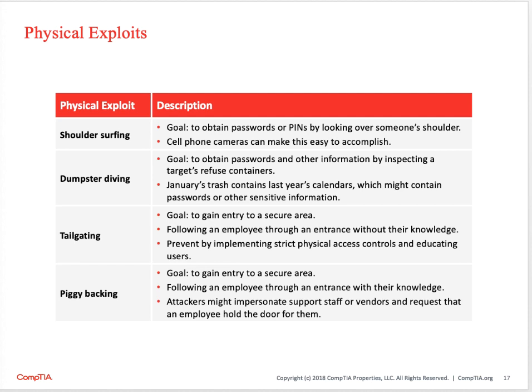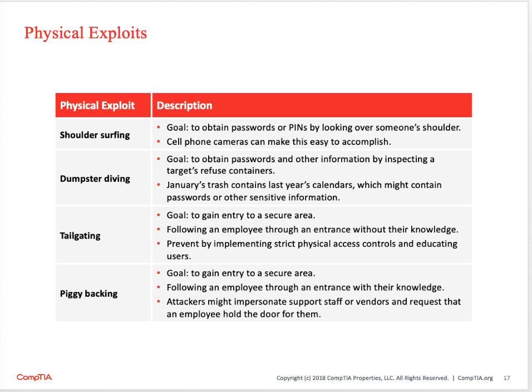So next up we have physical exploits, right? These physical exploits are a type of social engineering that allow attackers to gain access to restricted areas or information. Common ones are explained in this table. Shoulder surfing would be the first one here.